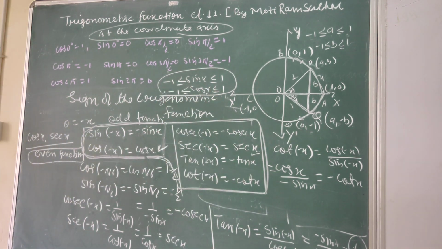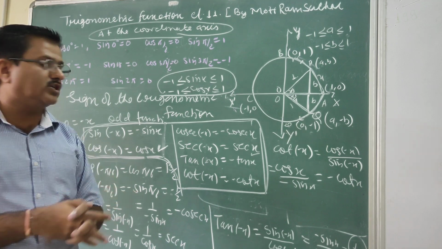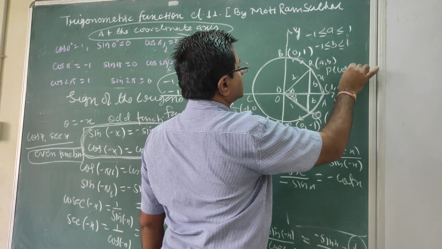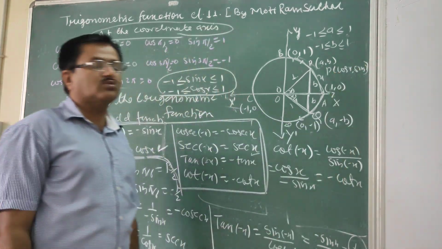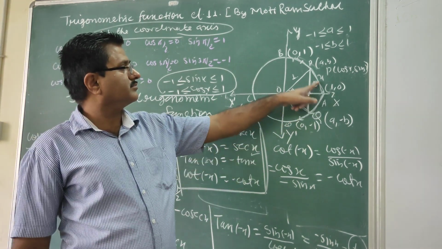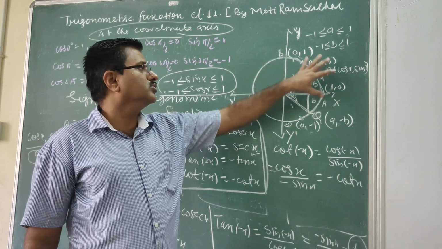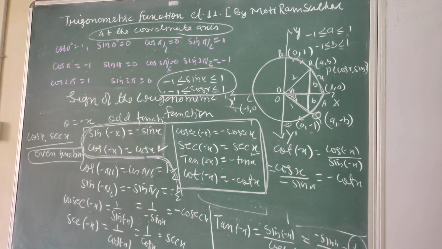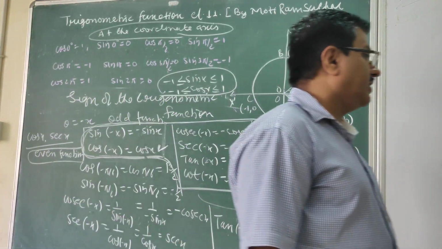Clear? Now you can see the sign of these according to the quadrant. You can easily find in which quadrant the value of sin and cos will be positive or negative. Like here we are taking cos x and sin x. In the first quadrant x is positive and y is positive, so the values of a and b will always be positive.